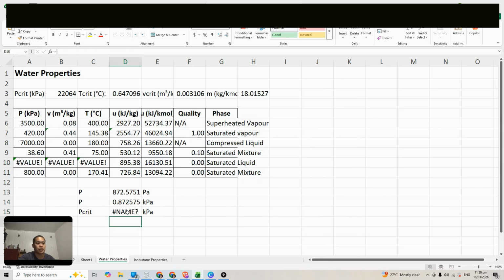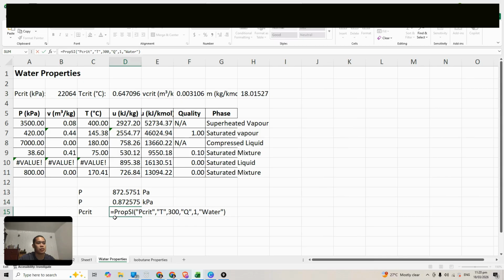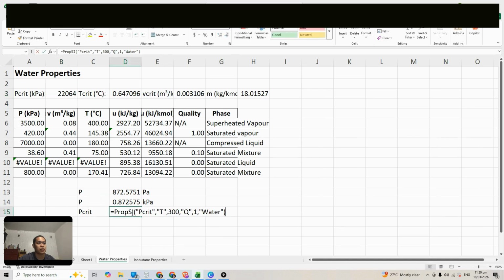Yeah, let's hit enter. Oh, name. So what's wrong with our formula? PropsSI P crit. I think it's the same. P crit, 300, comma Q, 1. So let's change this to, let's say, Pascal. Since it's not working, let's just change it for the sake of example.